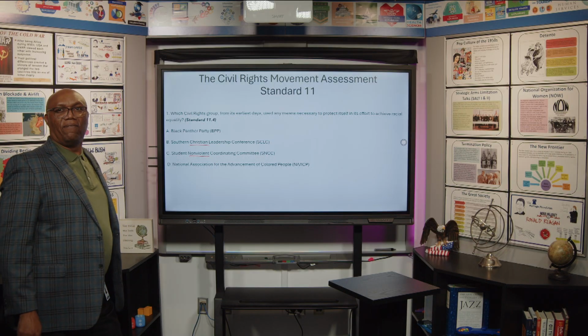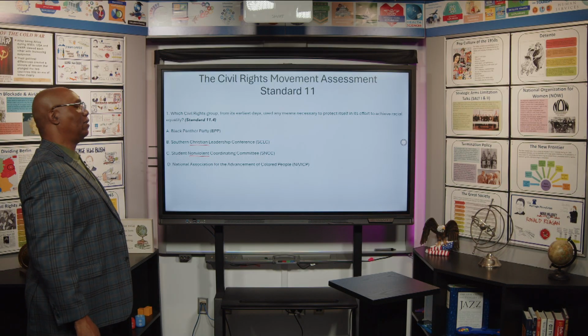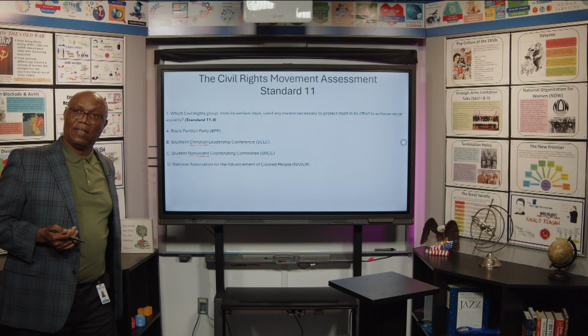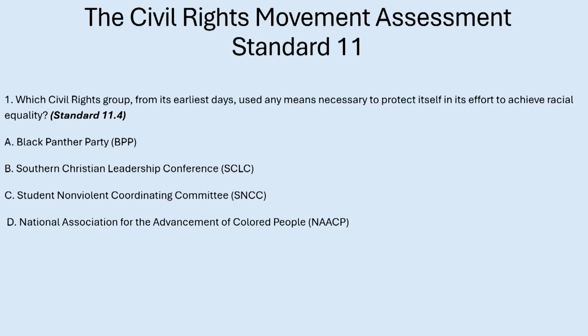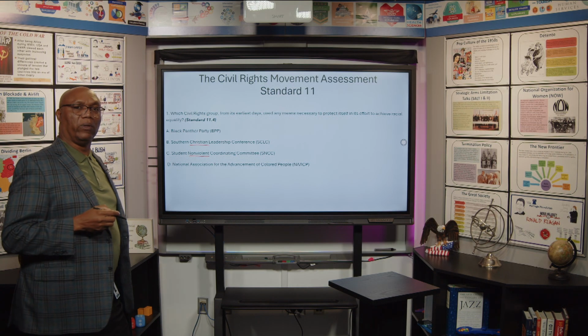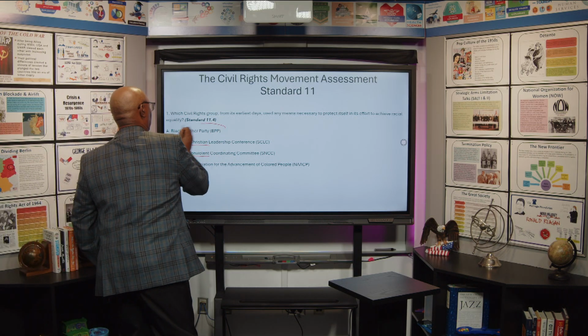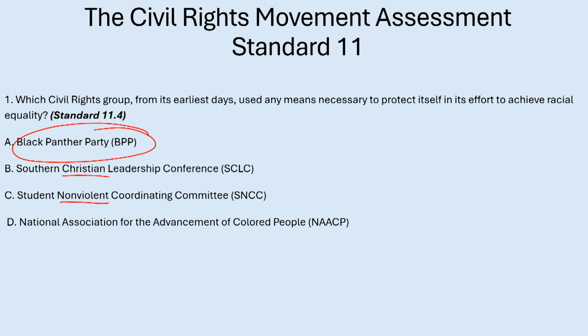Does that sound like nonviolent? I probably could eliminate them with just some common sense. But even if I had no common sense, I can go back to what the overview tells me and the fact list, and I'll know very simply that the one thing here that had to do with meeting violence with violence would be the Black Panther Party. That's your best answer in this case.